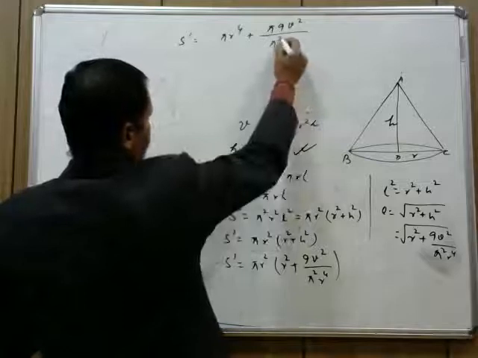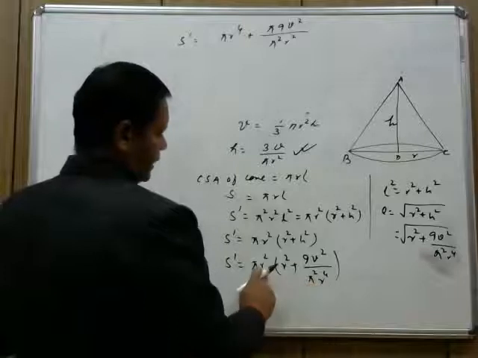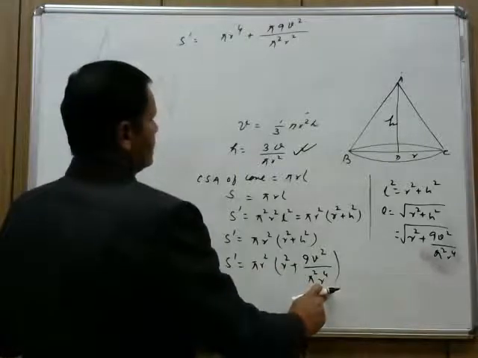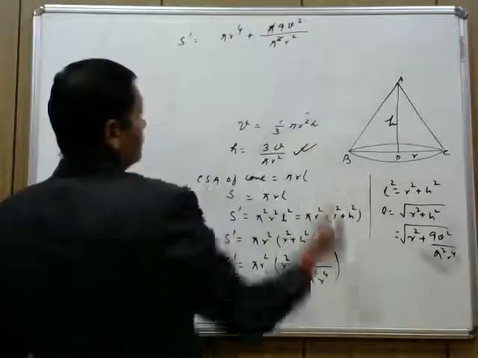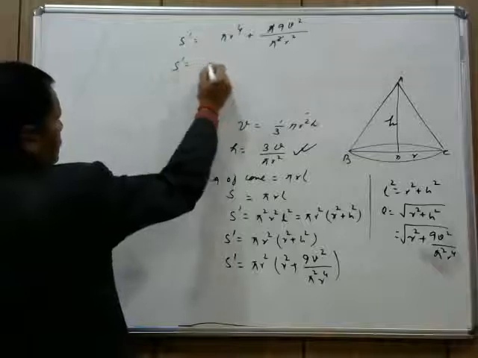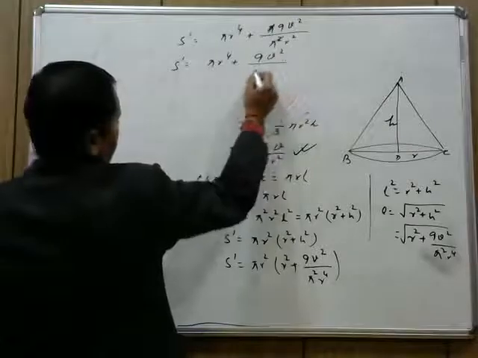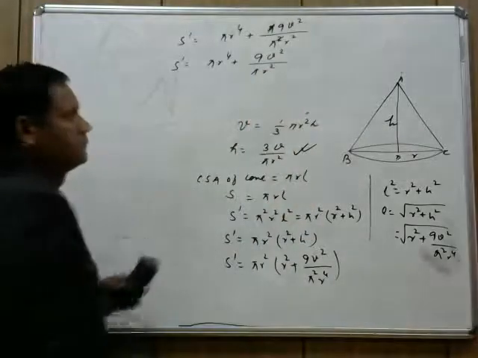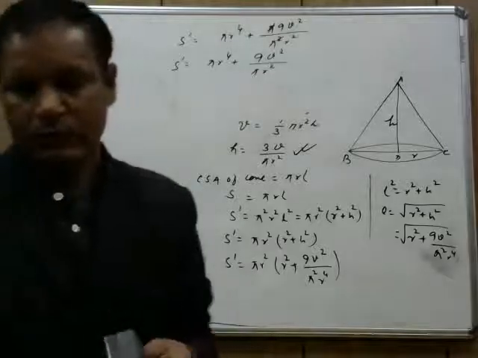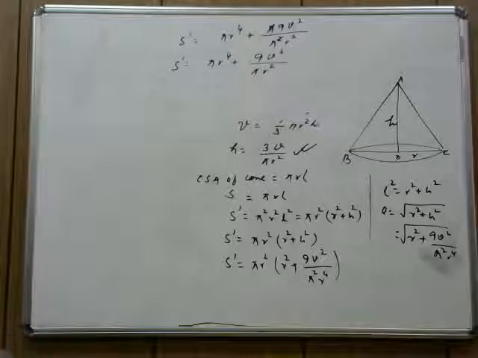I write pi square r square, because r square and r to the power 4 will have only r square. Now this pi and pi also cancel. So now we have got S dash is equal to pi r to the power 4 plus 9V square upon pi r square. Right? So now pi square r to the power 4 plus 9V square by r square.